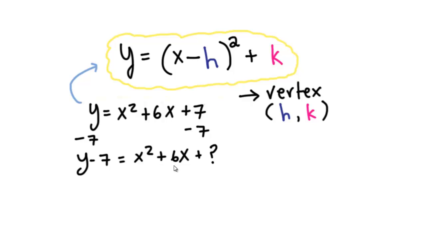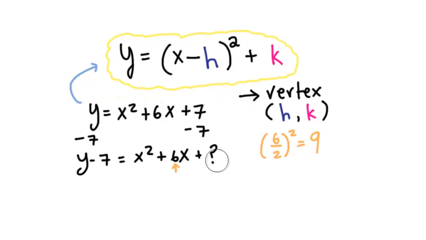If you recall from last time, we have to take a look at the b. In this case, the b is 6, so we have to take the b divided by 2. So 6 divided by 2, and we're going to have to square it. 6 divided by 2 is 3, 3 squared is 9. So we can replace the question mark with 9.